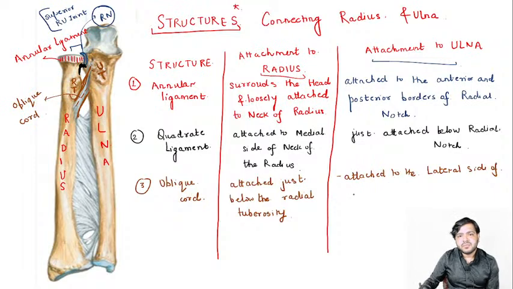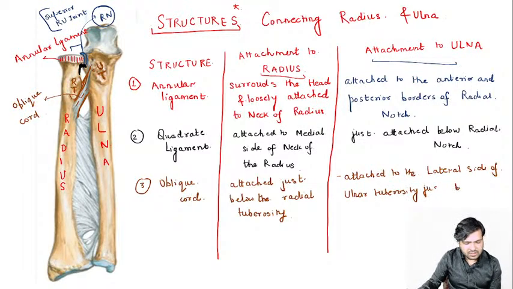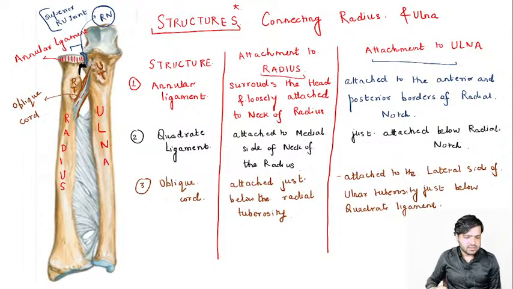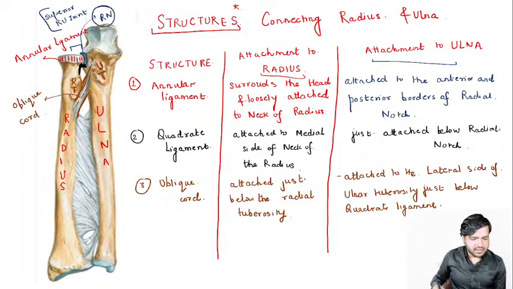So it is attached to the lateral side of the ulnar tuberosity, just below the quadrate ligament.